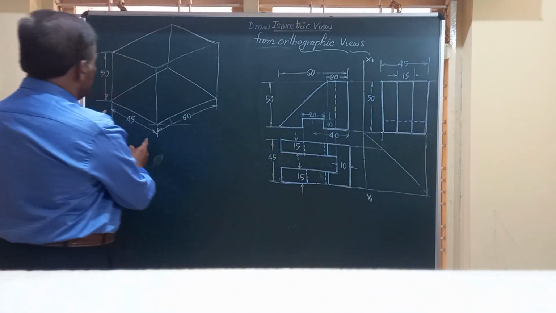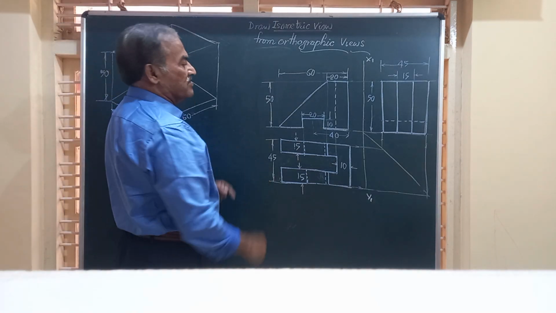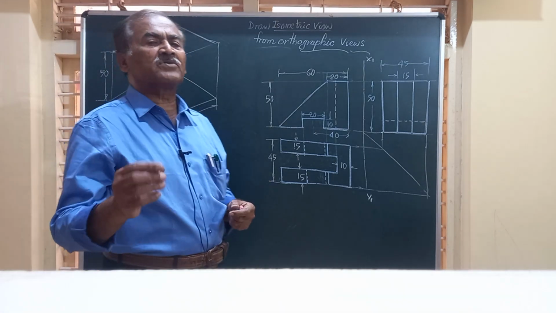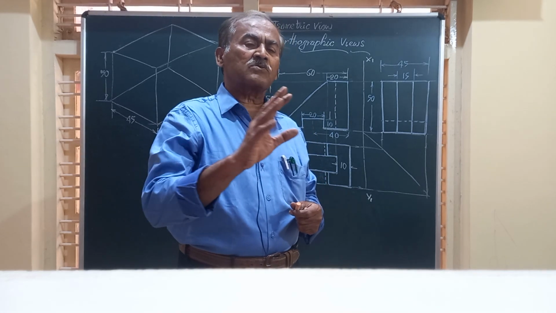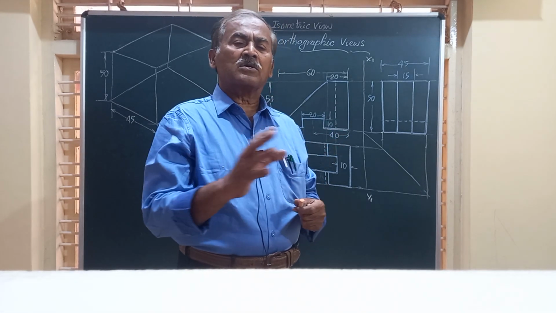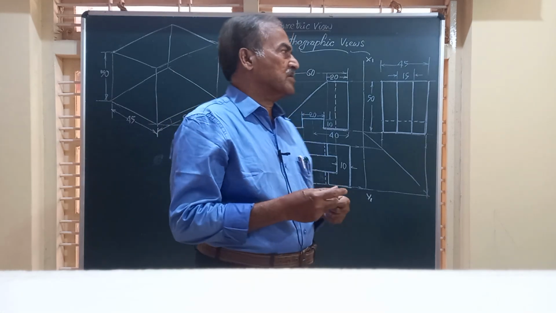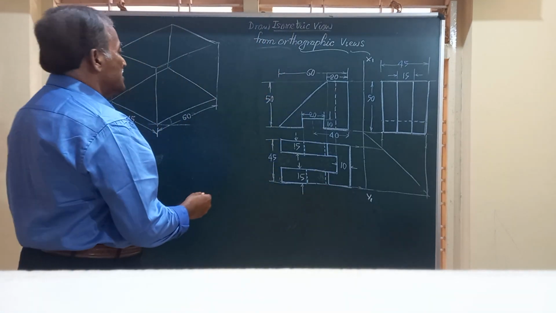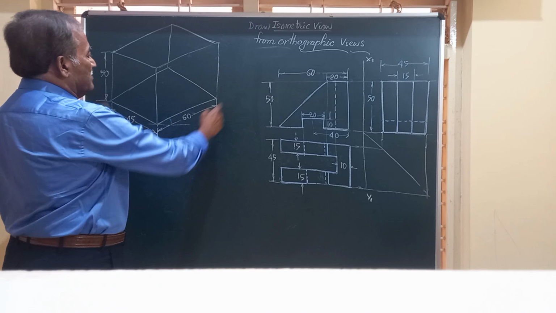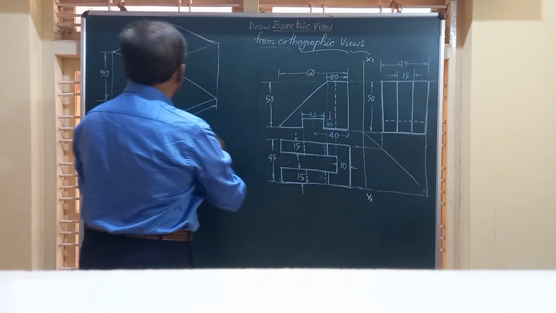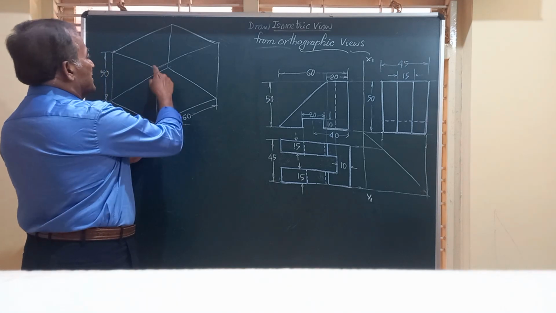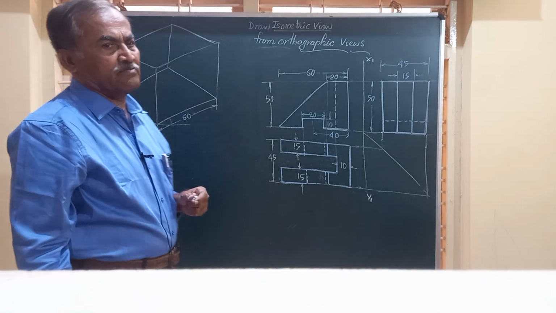And the width is equal to 45. So friends, this is very essential. Whatever may be the given question where the orthographic views are given, you have to write down a box which will have the length, width and height to the given dimension.